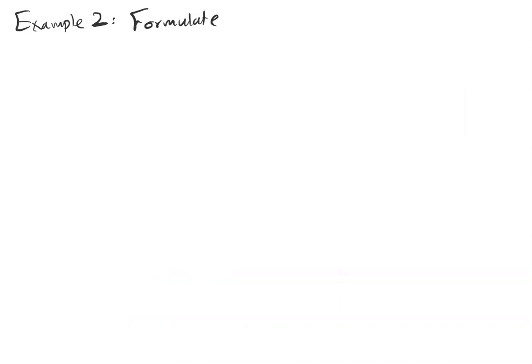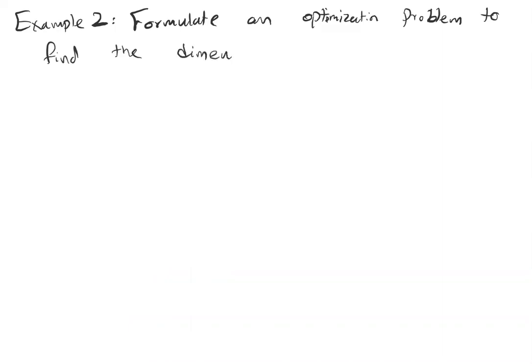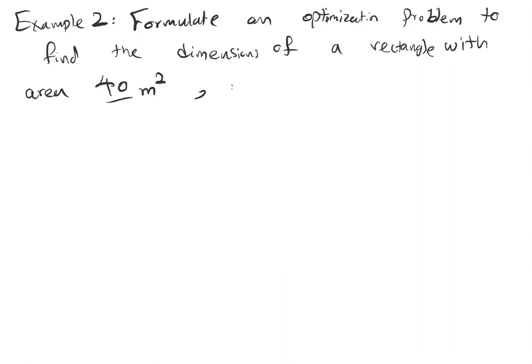Formulate an optimization problem to find the dimensions of a rectangle with area 40 meters squared whose perimeter is as small as possible.